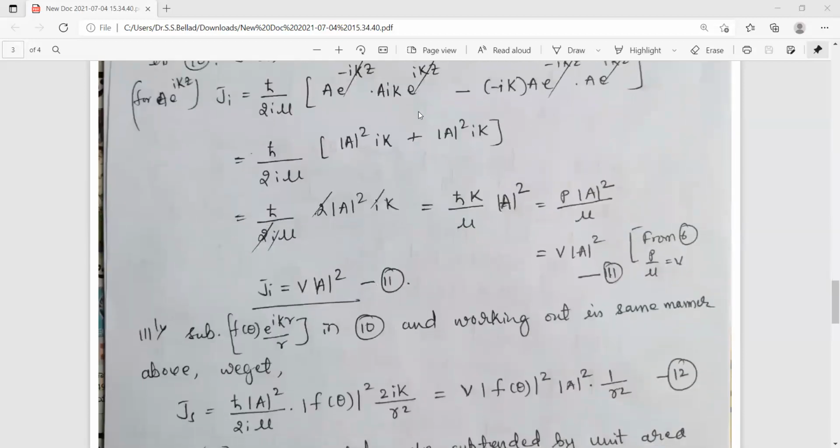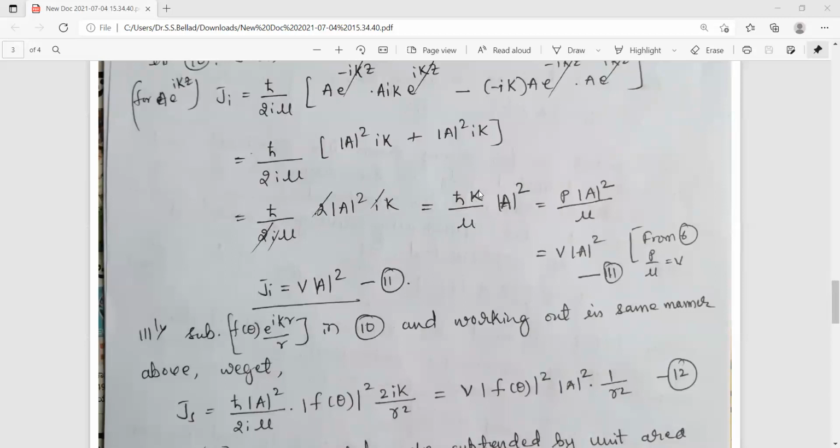So this together is 2 times A square ik multiplied by this quantity, and here you cancel whatever things get cancelled: 2 gets cancelled, i gets cancelled. So you are left with h cross k divided by this mu into A square.